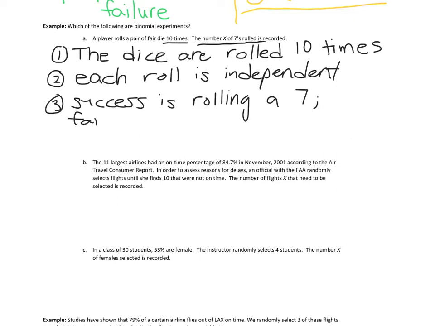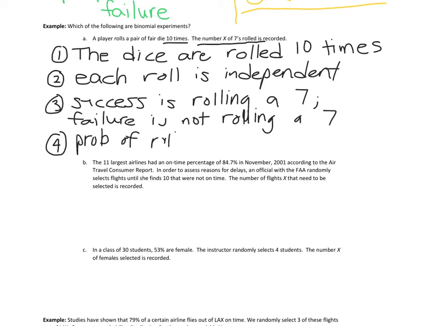The failure is not rolling a 7, or rolling something else. And those are disjoint: either it's a 7 or it's not. And then finally, the probability of rolling a 7 is fixed, and we could actually calculate that using classical probability. Because it upholds all of these criteria, we can conclude that this is a binomial experiment.